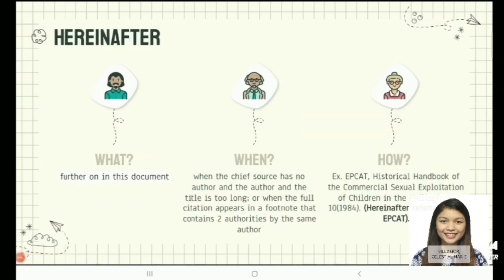So how do we use it? Example is Epcot, Historical Handbook of the Commercial Sexual Exploitation of Children in the Philippines, 10, 1984. Hereinafter referred to as Epcot.